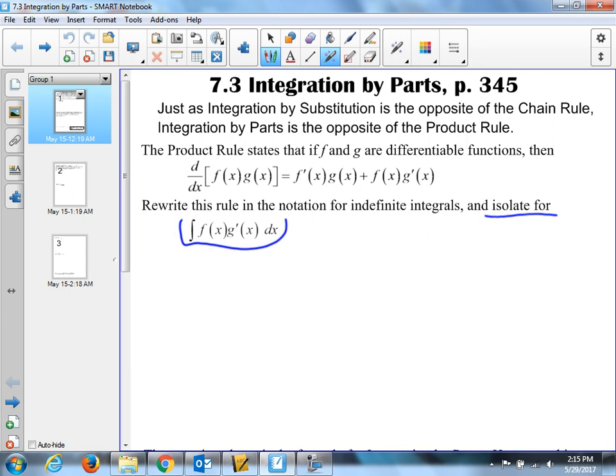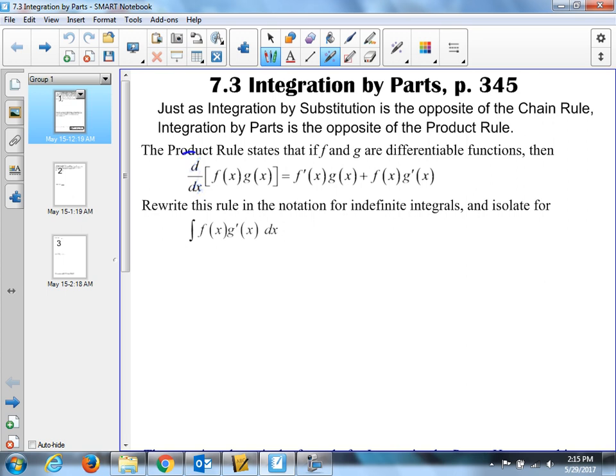So what I'm saying is, if you were to take the integral of, basically if you didn't do this, you guys, the opposite is undoing the derivative, right? So what we're saying is f and g of x.